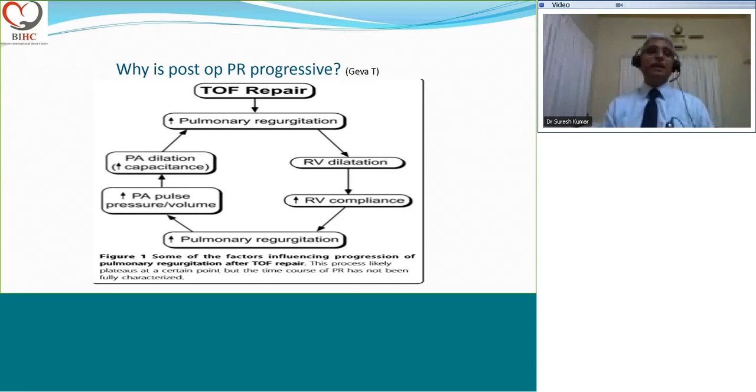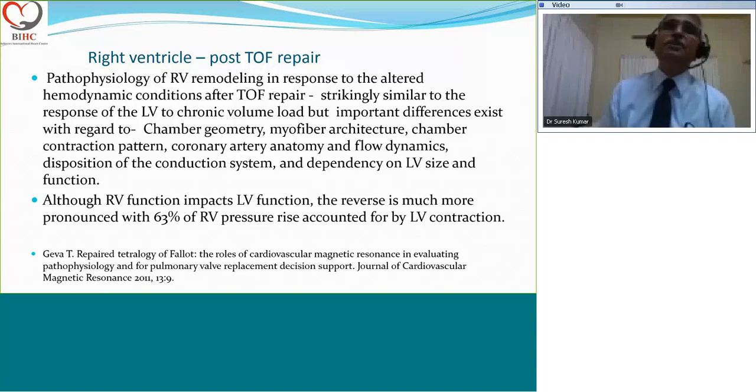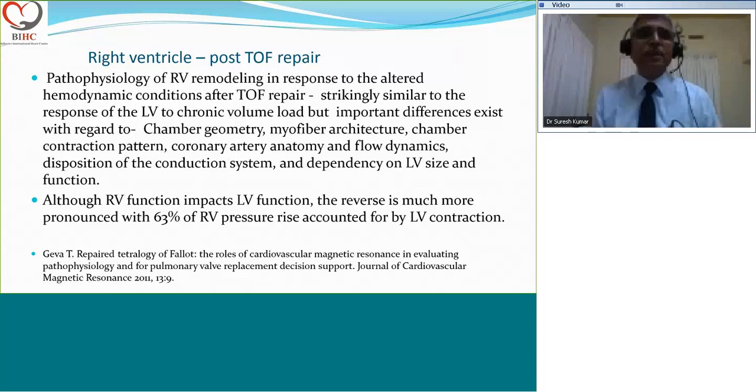And how does the right ventricle behave in response to the PR and also the multiple insults that have happened in relation to a tetralogy repair? This is very similar to what happens to the left ventricle in aortic regurgitation, but there are important differences as well, because these are brought on by the differences in chamber geometry, the myofiber architecture, the way the chamber contracts, the coronary artery anatomy, the flow dynamics, the way the conduction system is disposed, and how much the LV size and function are altered by a dilating RV.